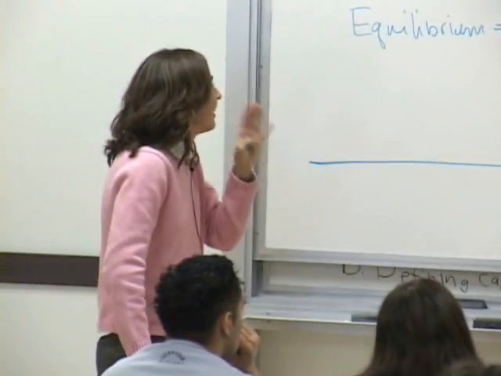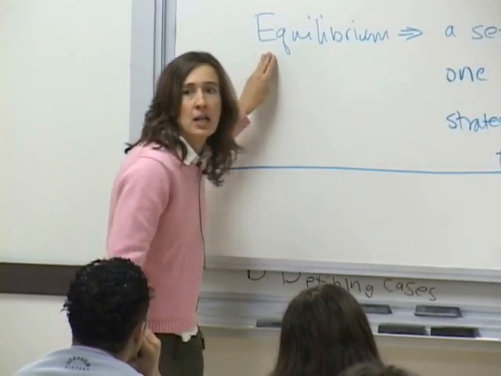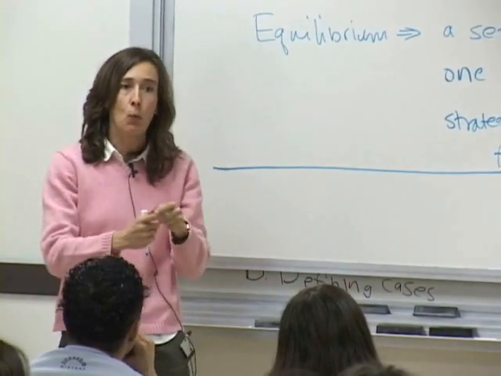Kiara's point is that you could take apart the equilibrium then in different ways.